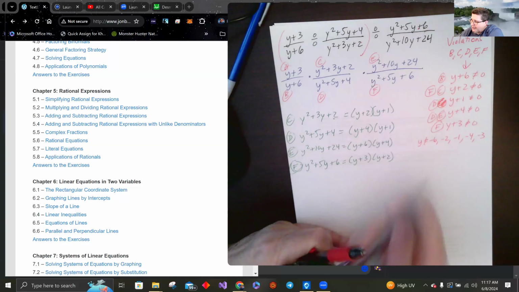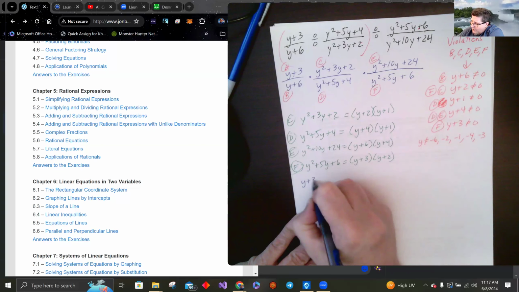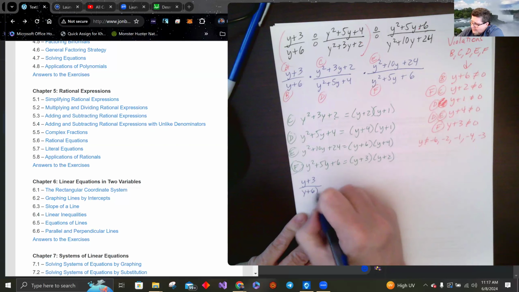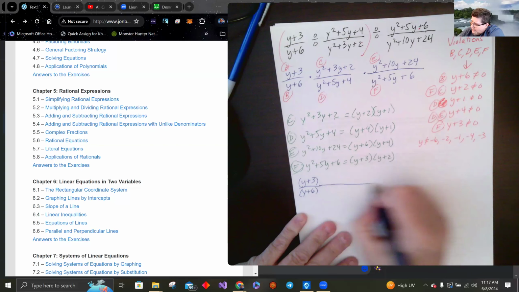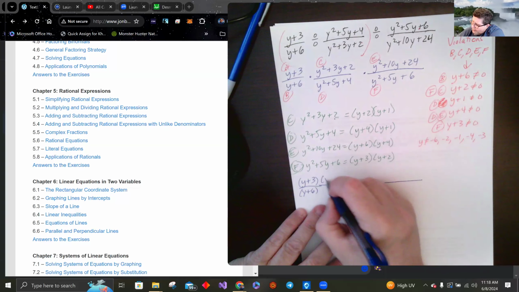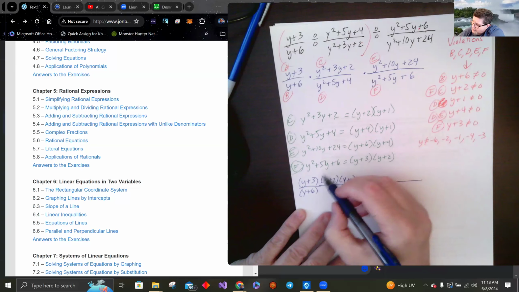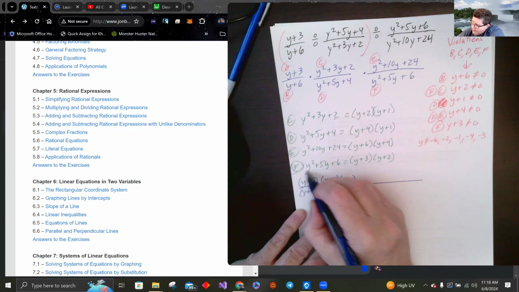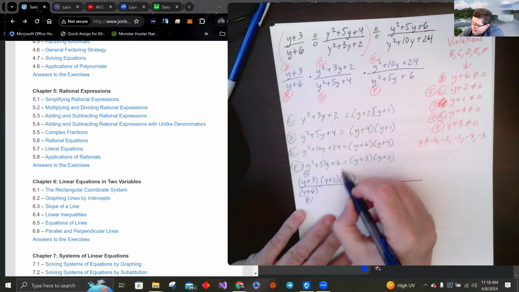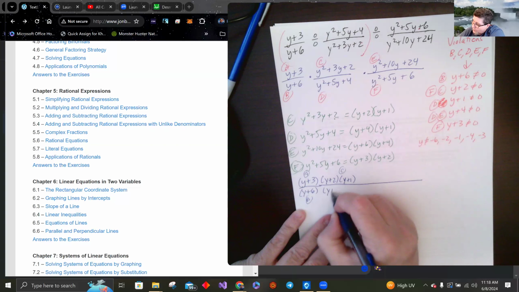All right, let's put our fractions together and cancel. I've got y plus 3 over y plus 6. And C was y plus 2, y plus 1. So that's A, B, C. D is y plus 4, y plus 1.